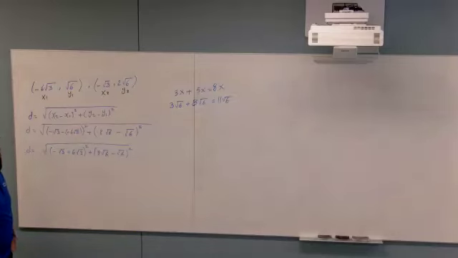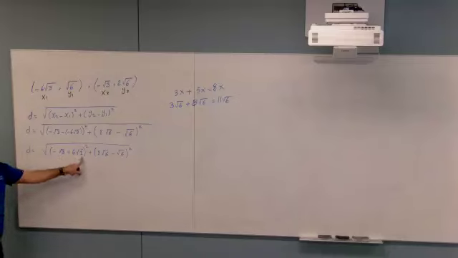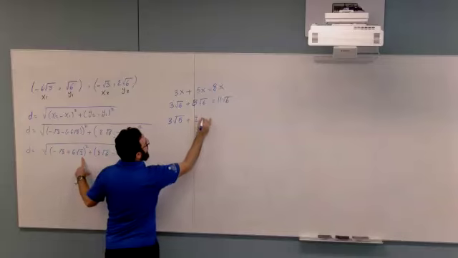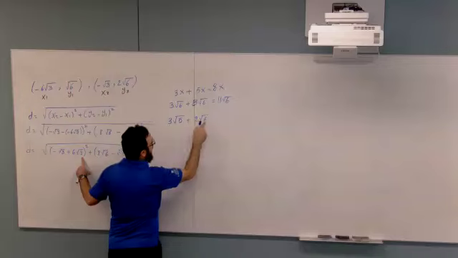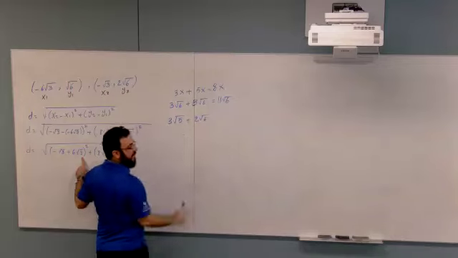Now, can we do this one here? We are lucky, we have the same root, so I can do that. But if you have 3 square root of 5 plus 2 square root of 6, can you add it? No, because this is 5 and 6.